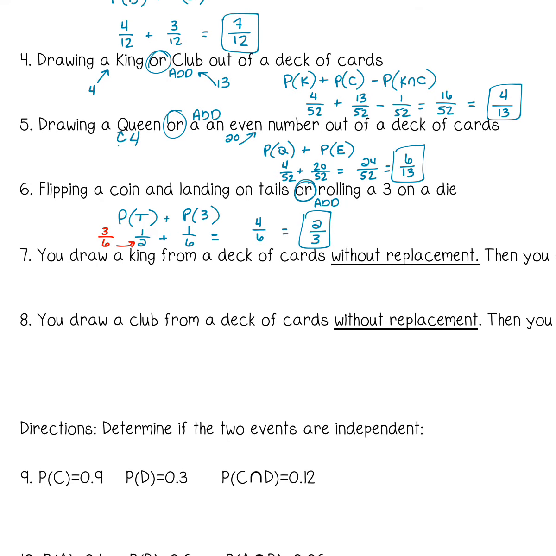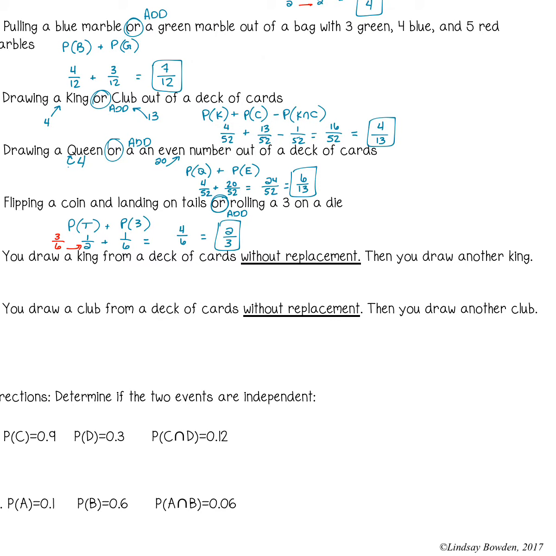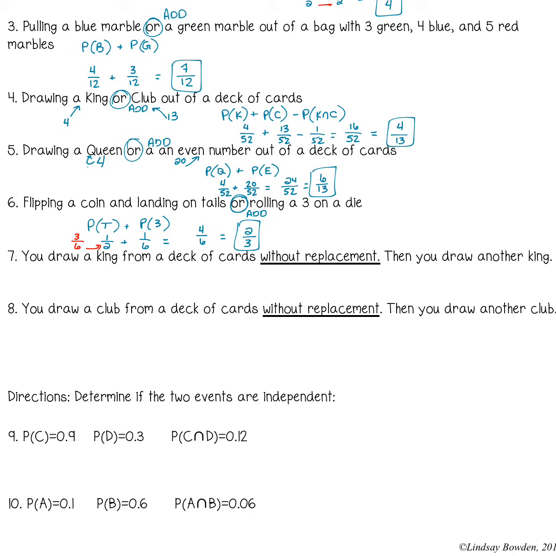Drawing a king, and without replacement, you draw another king. Okay, without replacement, that means I'm taking this card out, setting it off to the side, and then I'm reaching back in to see if I can get another one. So probability of king multiplied by the probability of king, given I already pulled a king.